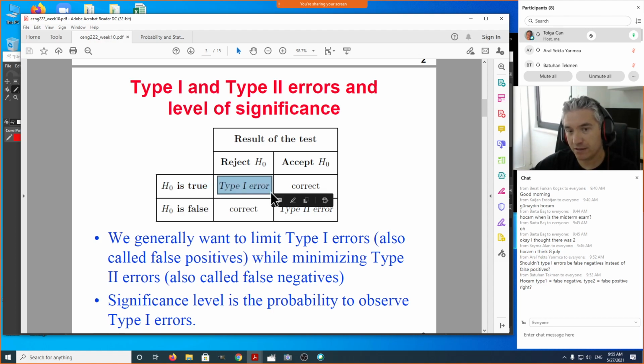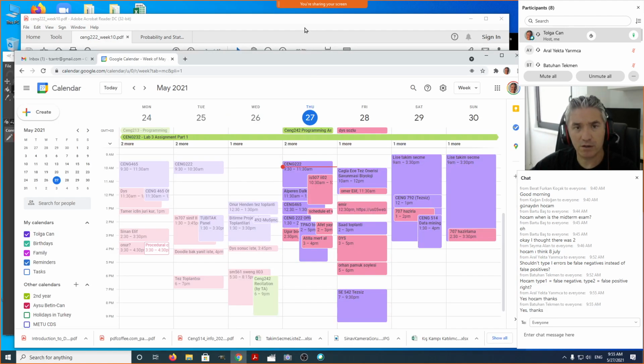So our decision, the result of the test, which we made positive, was something wrong. So that's why it's called false positive. Okay, so is that clear? So type 1 errors are called false positives. You can also take a look at this.